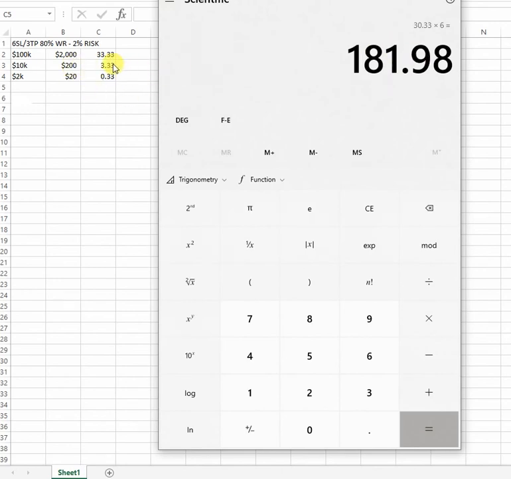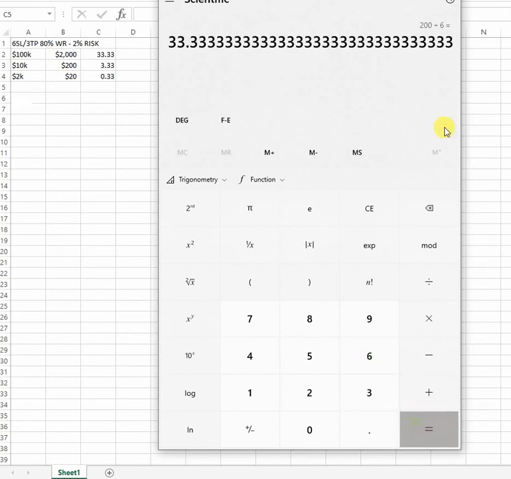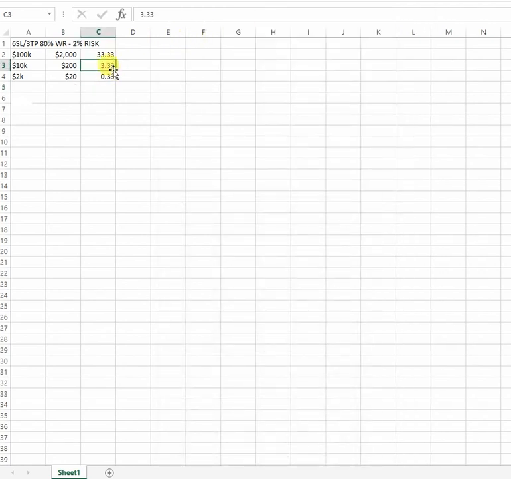Let's go 200 divided by 6, and that's about as close as it's going to allow us to get. We could definitely increase the digits behind the decimal and take it closer to 200, but let's just leave it at that so it looks relatively the same, right?